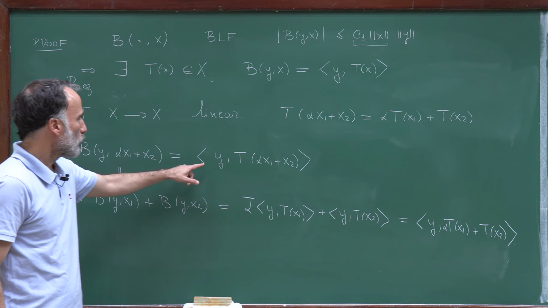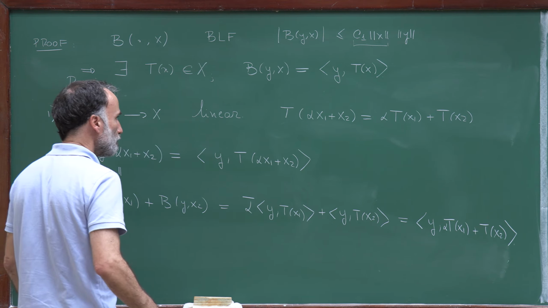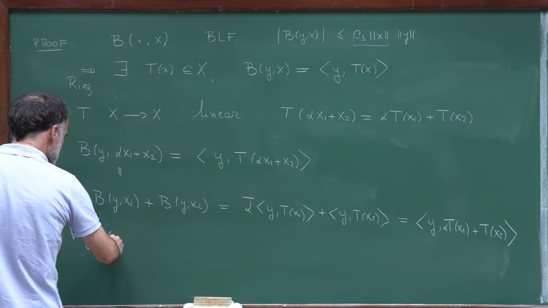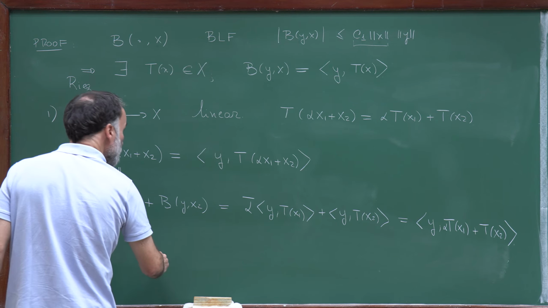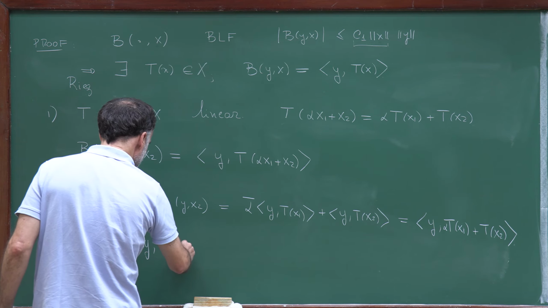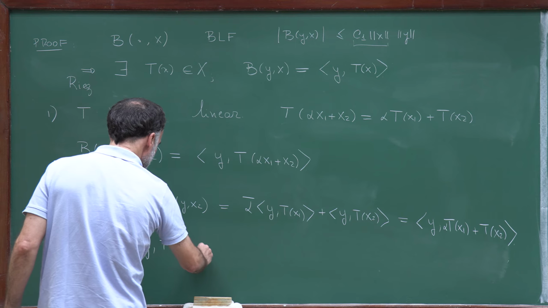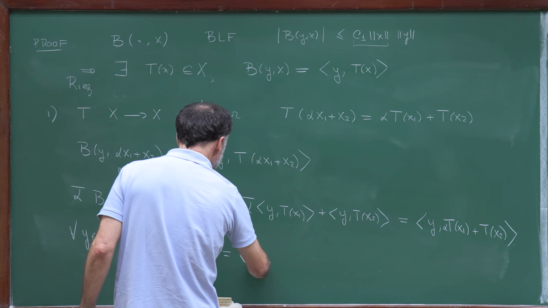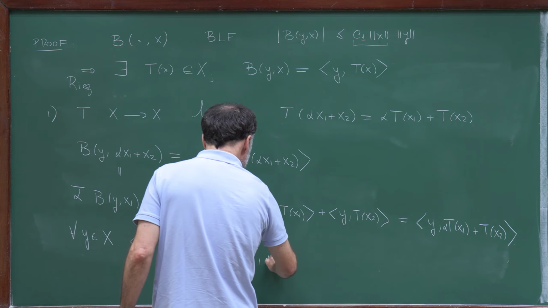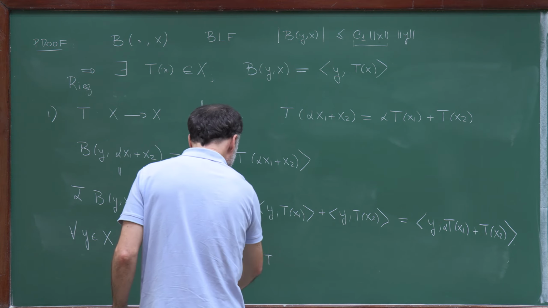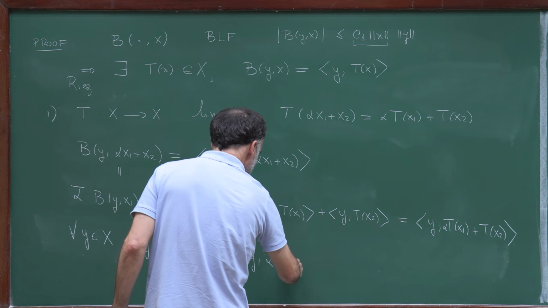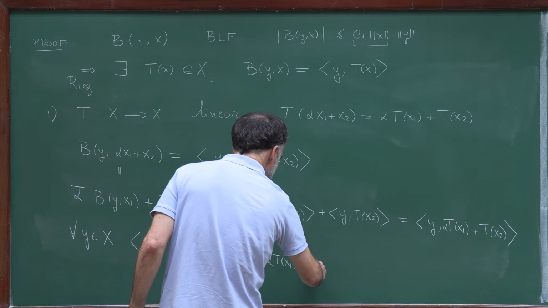And so what we get is that for all y in X, (y, T(αx1 + x2)) is equal to (y, T(αx1 + x2)) = (y, αTx1 + Tx2).